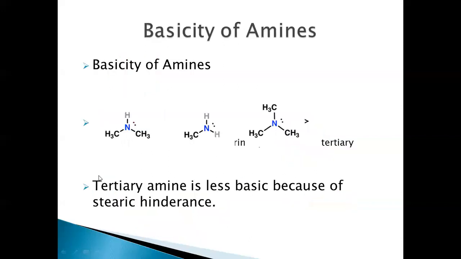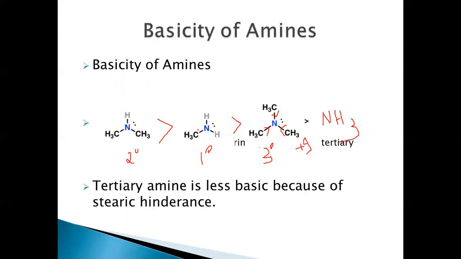Yes. Now, when we look at this basicity of amines, primary, secondary, and tertiary, this is secondary, this is primary amine, and this is tertiary amine. So the basicity order is this. But the tertiary amine is expected to be more basic because the availability of electrons is more on nitrogen because of 3 plus I groups here.